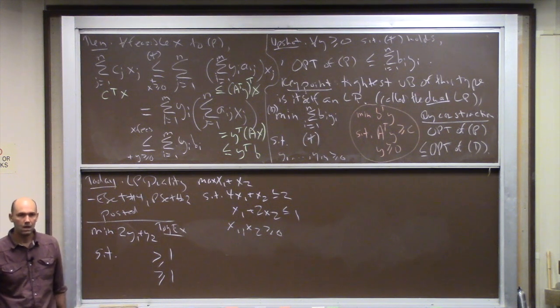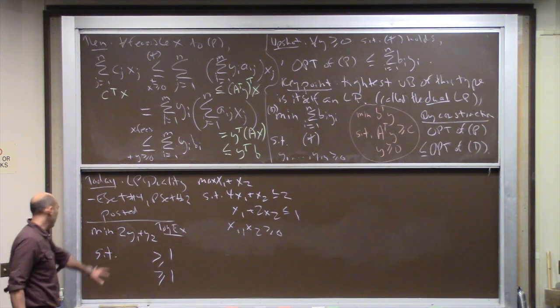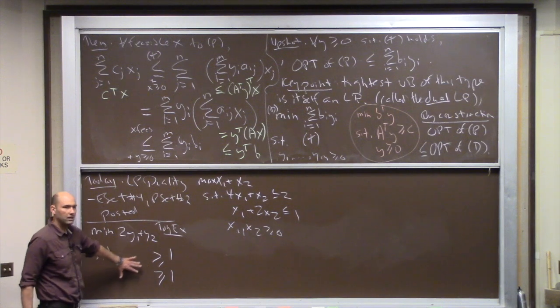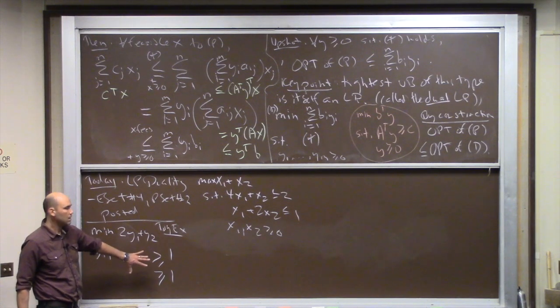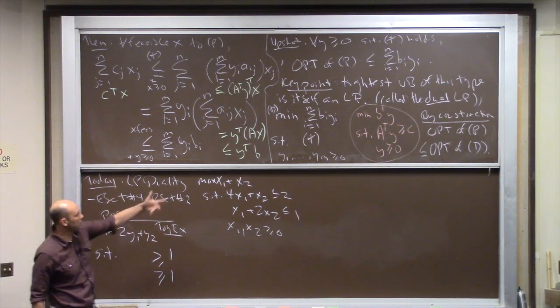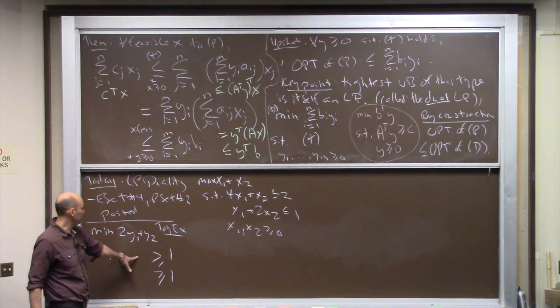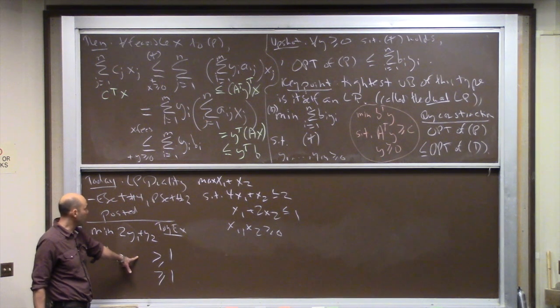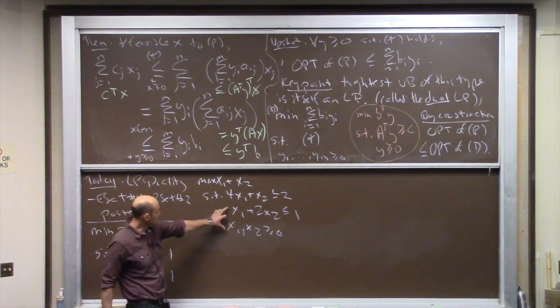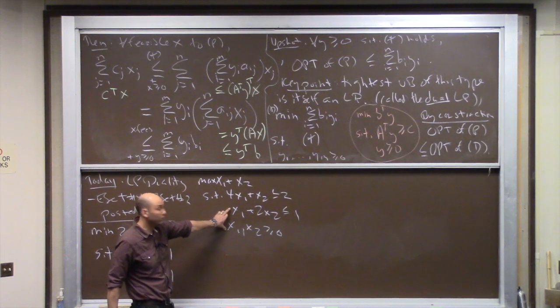Okay? So over here, we're going to have some y1s and y2s. We need to understand what their coefficients are. Their coefficients are provided by the transpose of the original constraint matrix. So the coefficients here are going to correspond to the coefficients of x1 in the two constraints. So this is the first column in A, in the original constraint matrix.